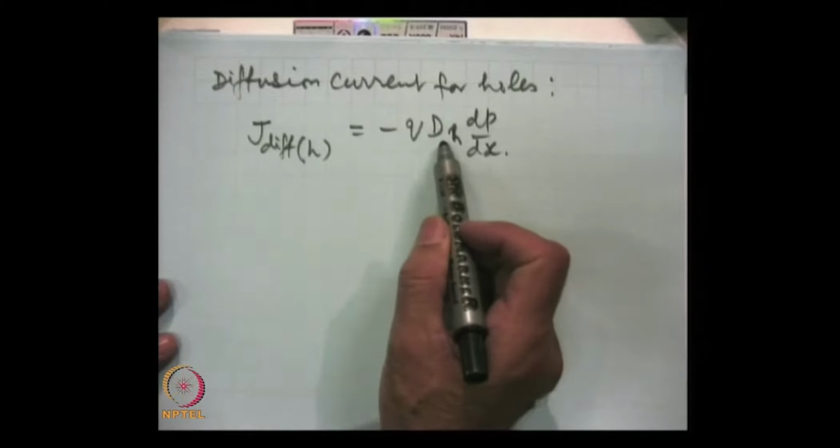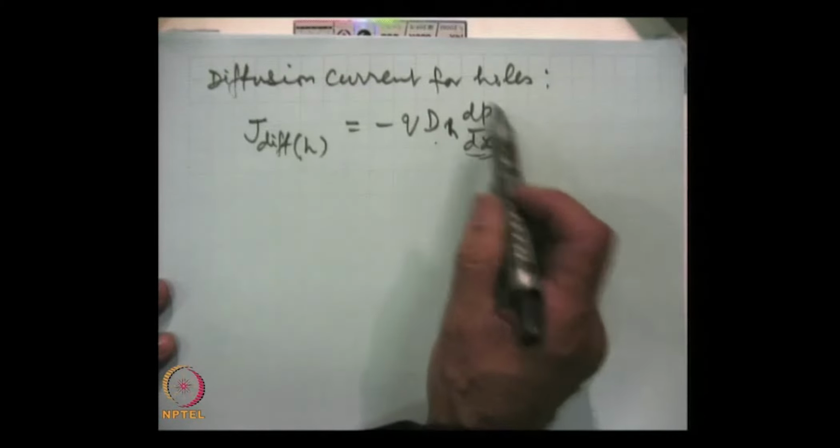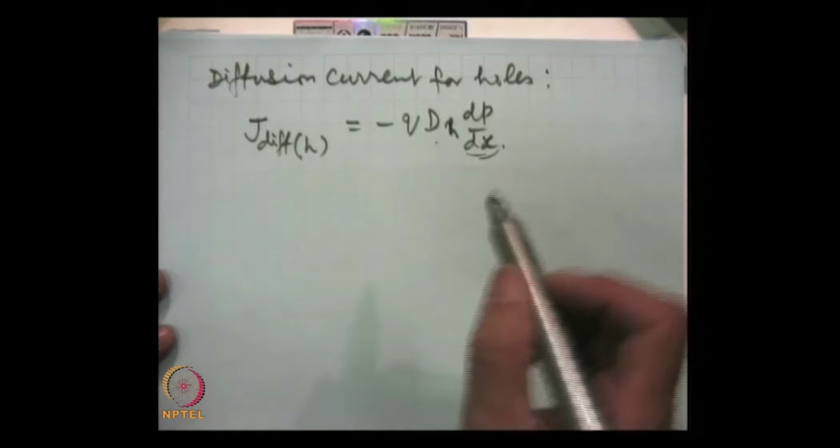This is the diffusion constant for holes, and this is the gradient, the density variation with the distance.